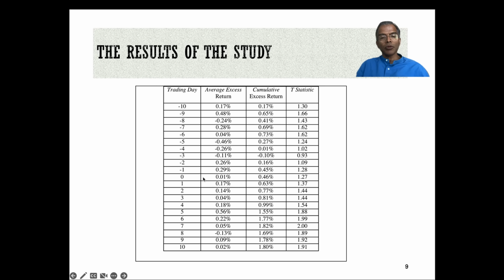Notice on day 0, there's almost no impact on the stock price. By the time the listing announcement is made, in fact, this is one of those events where the effect on the stock price is so small that you're scraping the bottom of the statistical barrel to find significance.